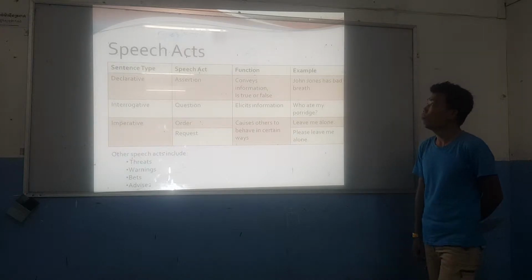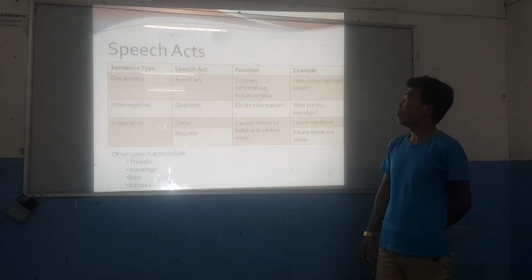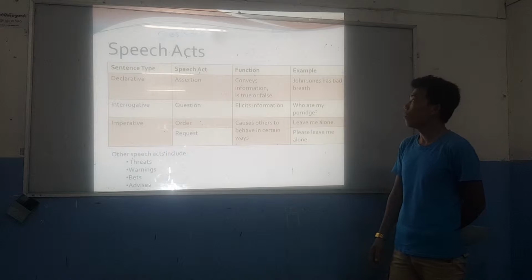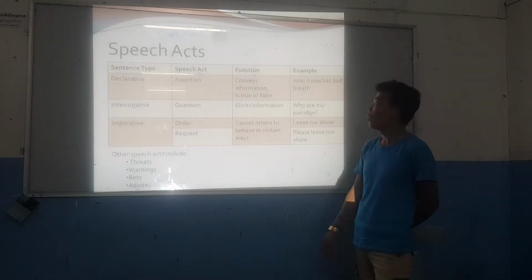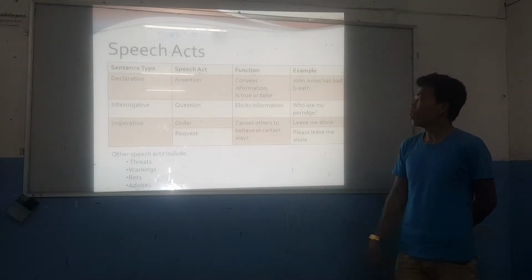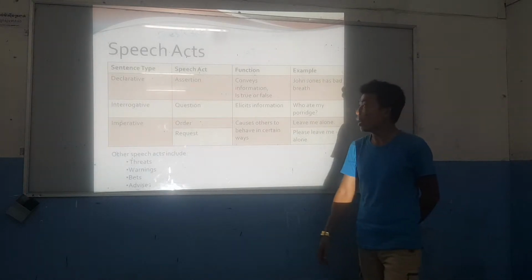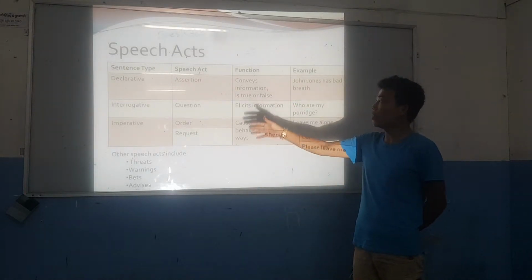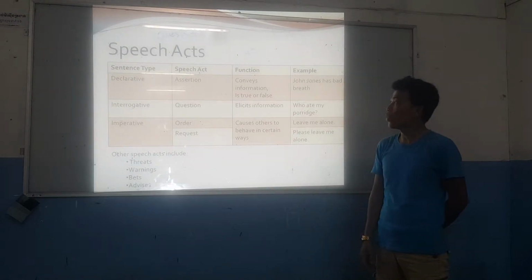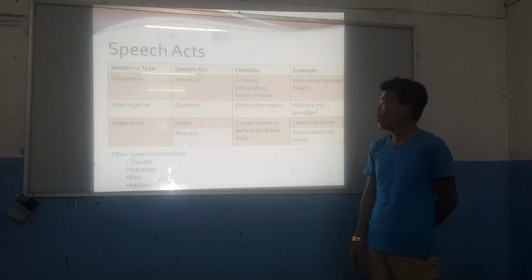So here is some information that talks about speech acts. There are 4 columns. One column is talking about the sentence type. In sentence type, as you can see in the chart, the first one is declarative, the second is interrogative, the third one is imperative.